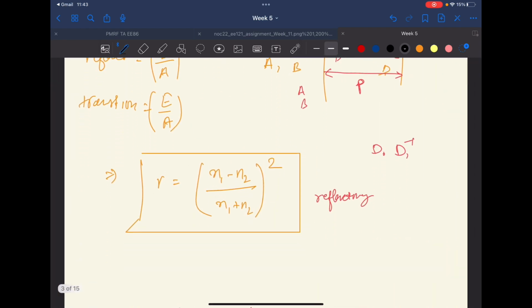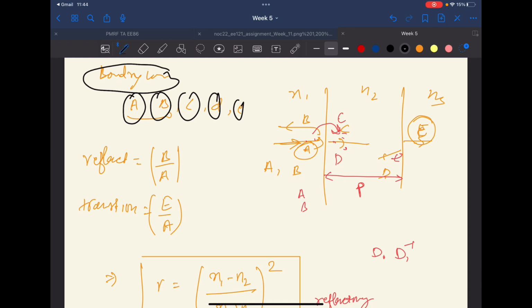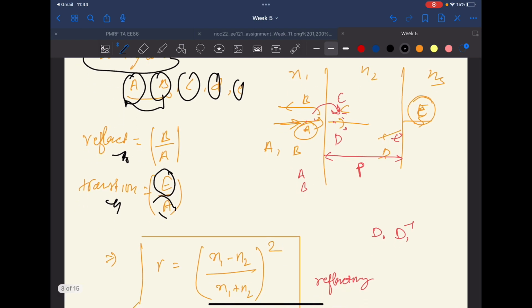We can define this, and with the boundary conditions we can calculate the values a, b, c, d and e. The reflection can be calculated with the ratio of b to a, and the transmission can be calculated with the ratio of e to a. In the n1 region, b is in this direction and a is in this direction, so reflection is calculated with respect to the incident wave a.